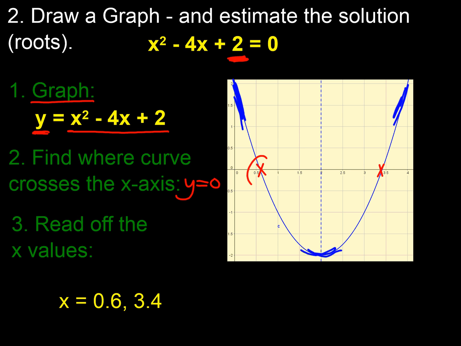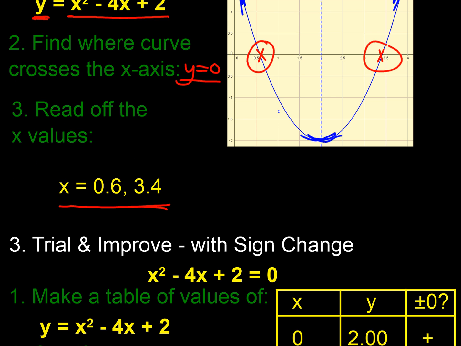So here we have 2 points where it crosses, where it matches our requirement that that whole expression has got to equal 0. There we go. So here we could quickly see roughly off the screen that one of them is around 0.6 and the other one is at around 3.4. So that's a way to do it using a graph, and that gives us an approximation, doesn't it?